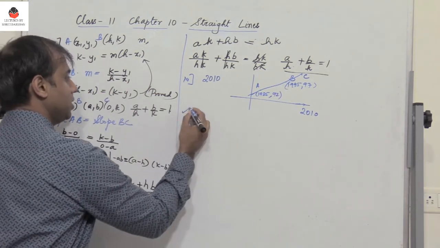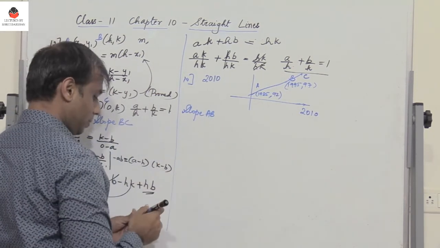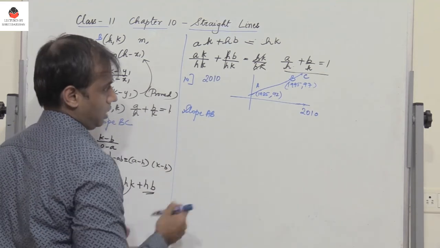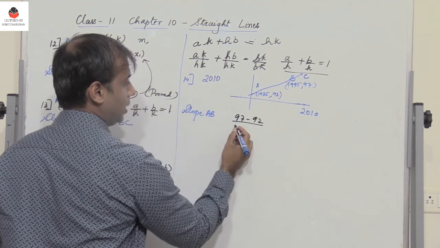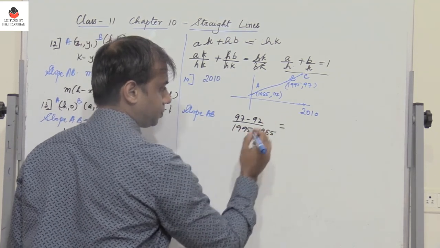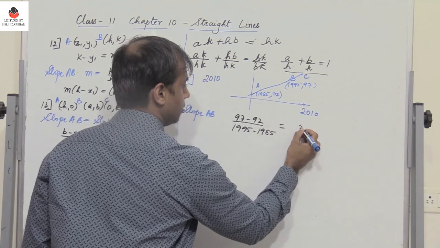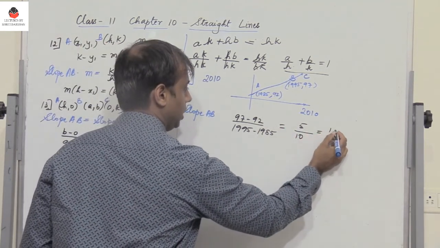All right, so first let me find slope AB. So what is slope AB? It is y2 minus y1, 97 minus 92 divided by 1995 minus 1985. So this is going to be 5 divided by 10, which is going to be 1 by 2.